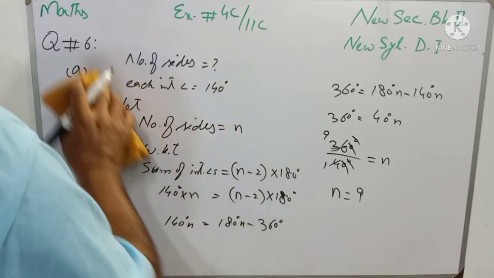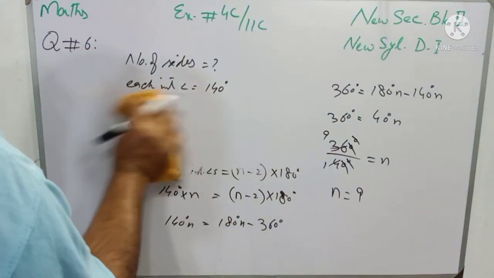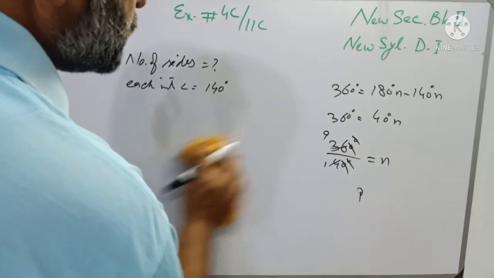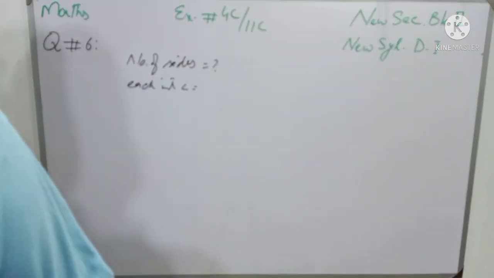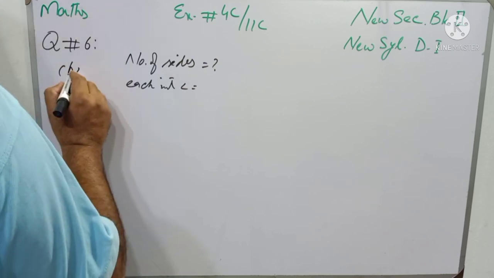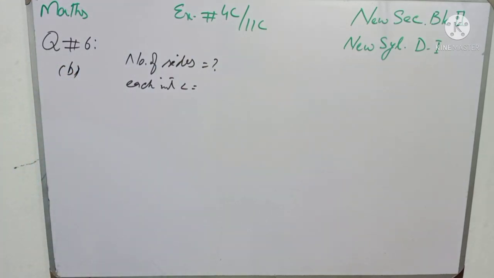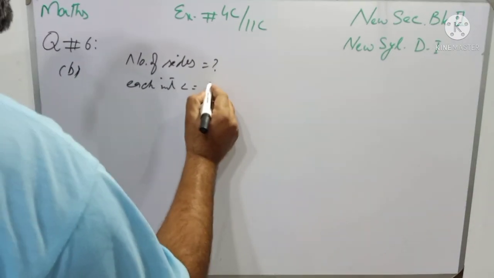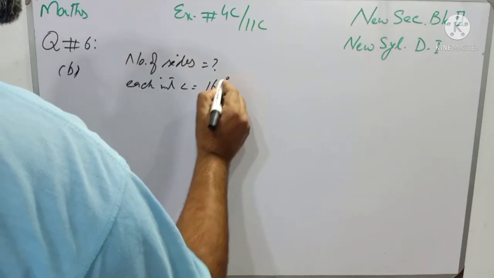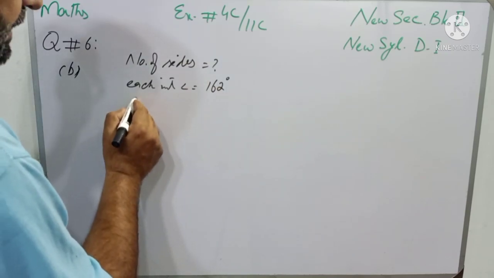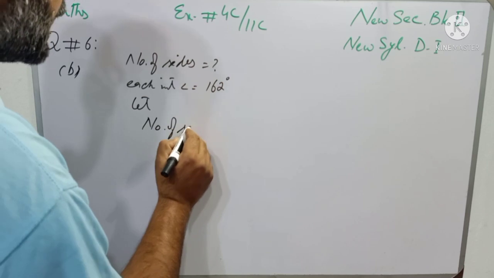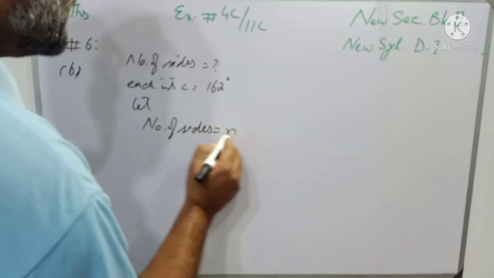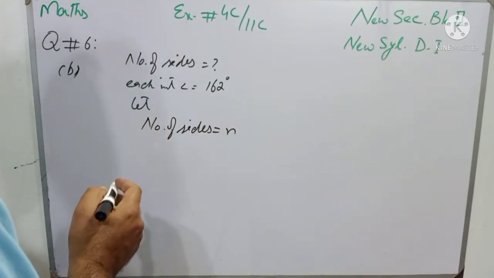And in part B, each interior angle is equal to 162 degrees, and we have to find the number of sides. So students, again we will suppose that let the number of sides be equal to n, and the same formula is applied.